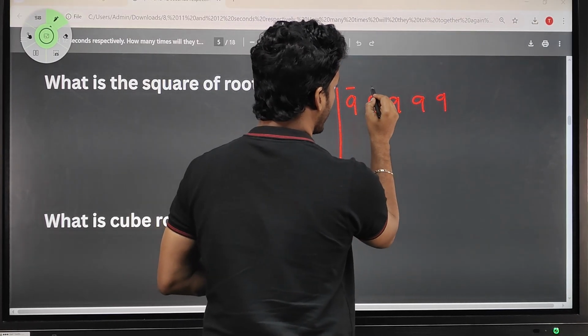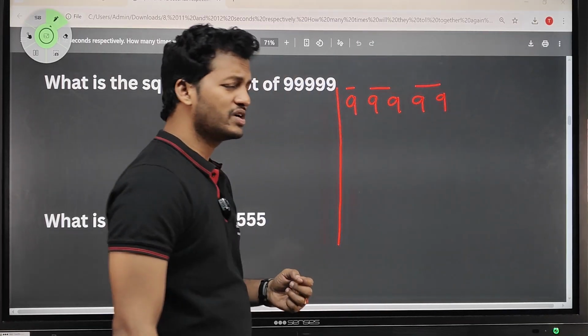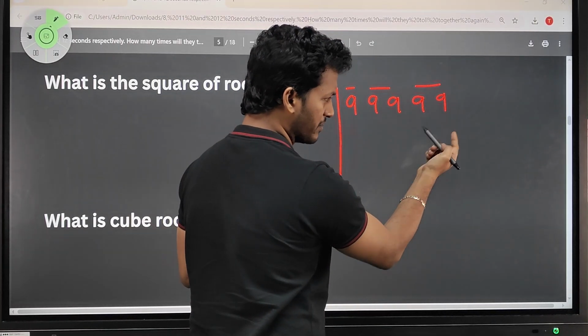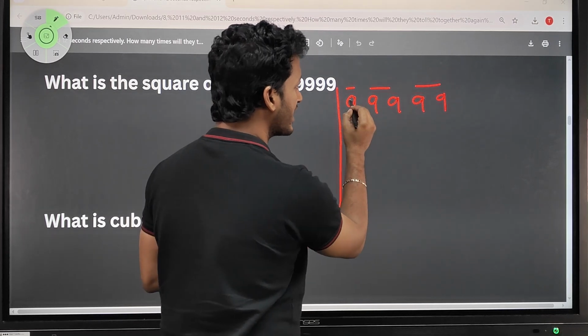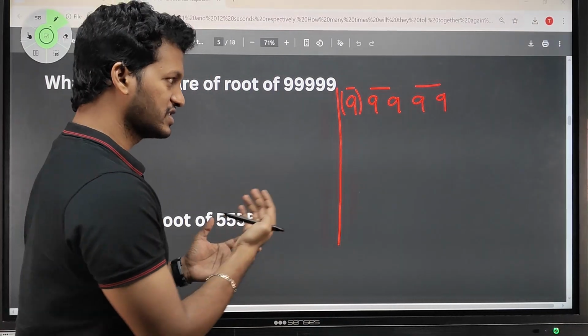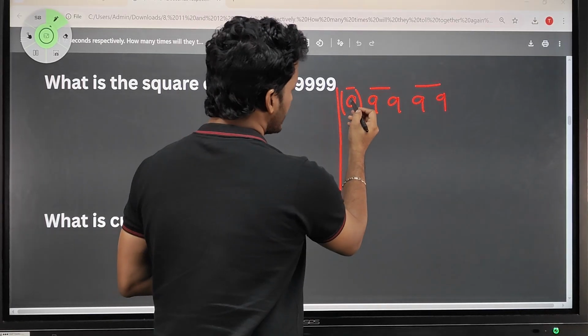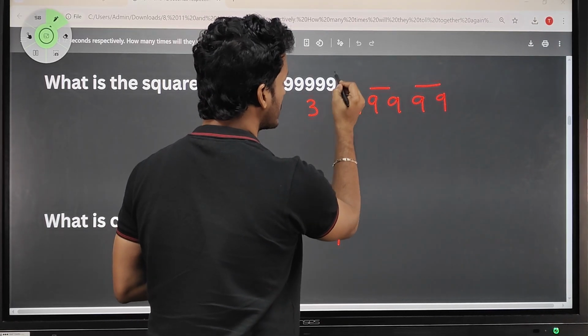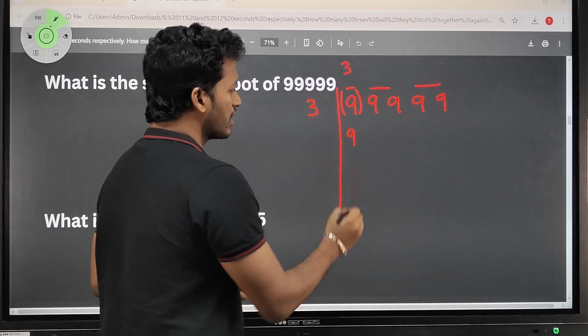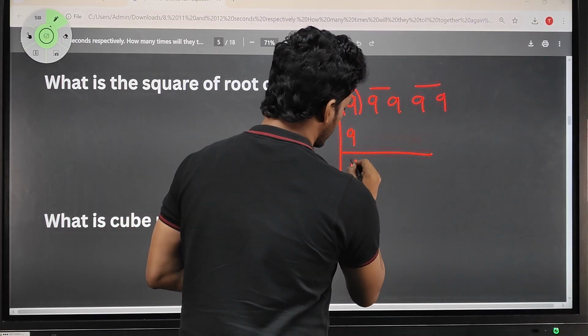We take the digits in groups of 2, but if there is an odd number of digits, then I take the first digit as one group. Now this first digit 9 is near to which square? It is 3 squared. Now the remainder is 0.